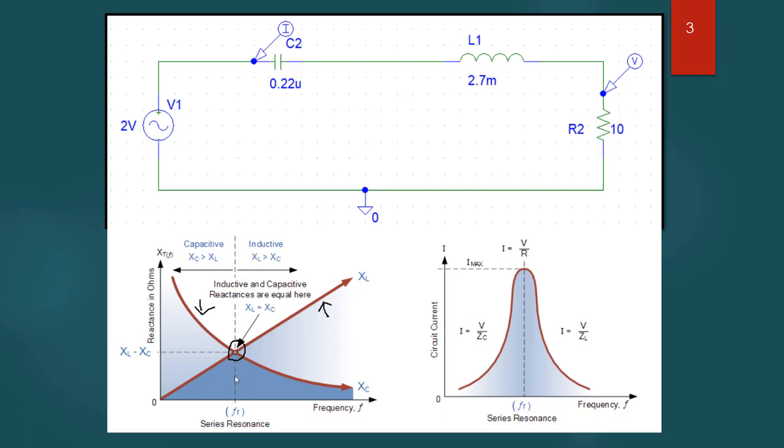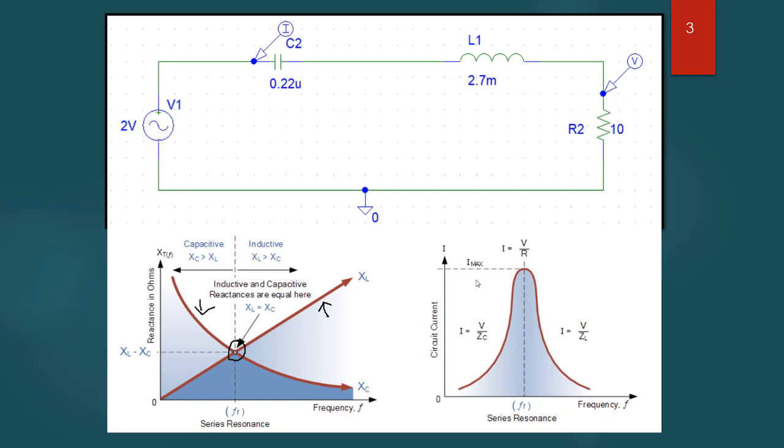At this specific frequency our impedance will be lowest, and our current will be highest, because current is simply voltage divided by impedance, and as the impedance is lowest the current will be highest. That current is denoted by I max.